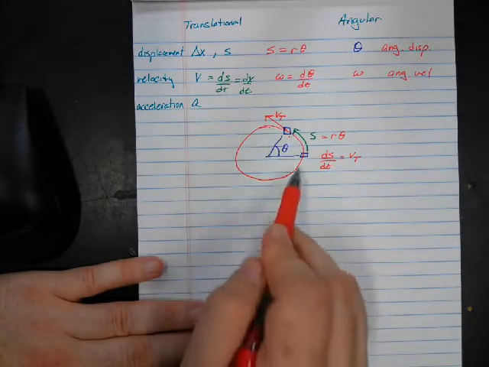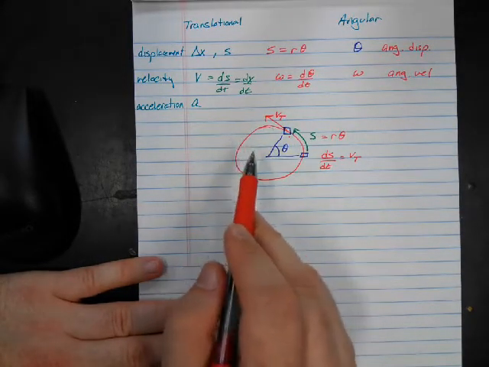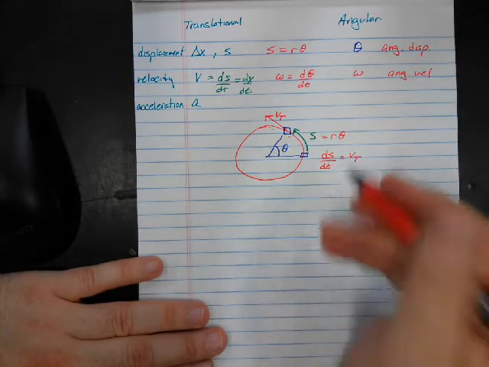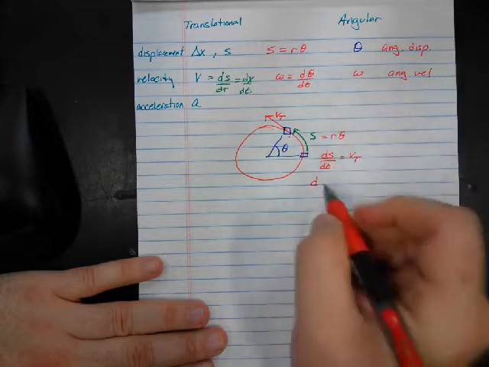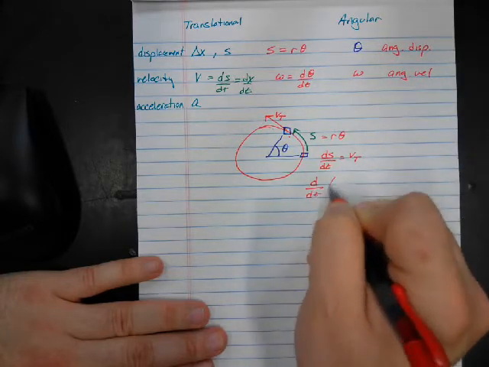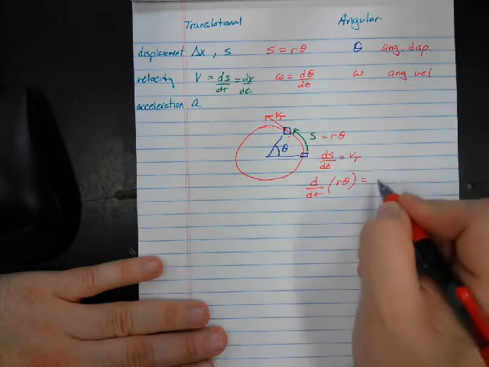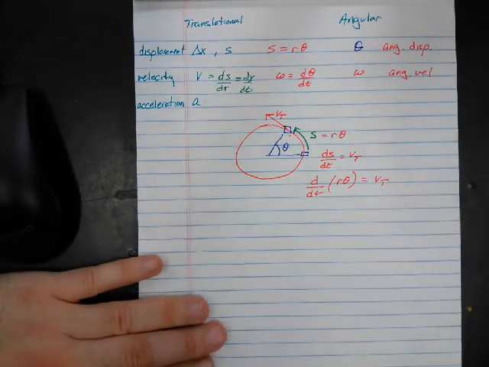What's happening is it's going around a circle. We can relate it to the angular variables, d by dt of r theta, just plugging in what s is, for our tangential velocity.